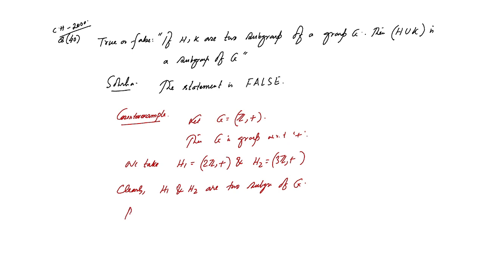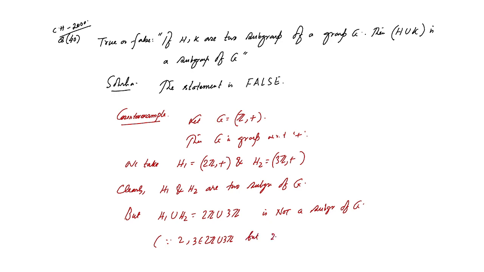But here H1 union H2, that means 2Z union 3Z, is not a subgroup of G, because 2 and 3 both belong to 2Z union 3Z. Thus 2 belongs to 2Z and 3 belongs to 3Z.